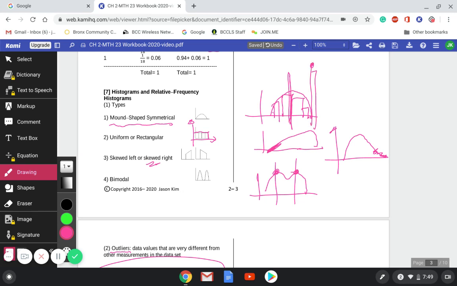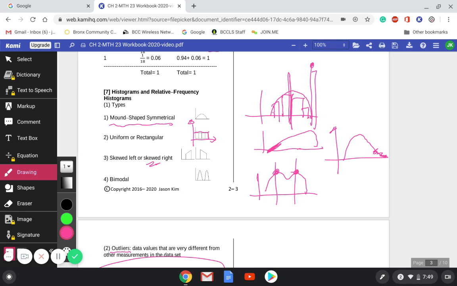That usually means the very last or very first. The data is there, but it shouldn't affect the mainstream of the data. So an outlier is extreme data. We try to get rid of extreme data to get a more accurate representation. So we name that extreme data an outlier, and we usually take that off. Okay.